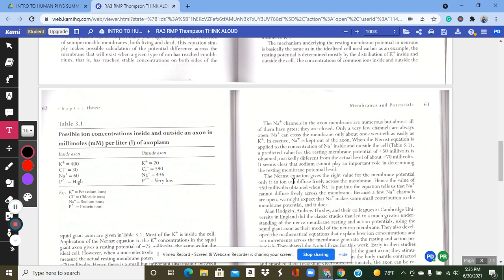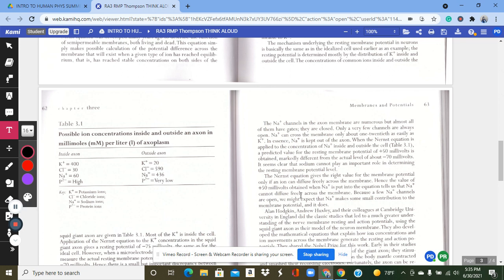Oh, I thought that was four. Never mind. That was positive 50 millivolts is obtained, markedly different from the actual level of about negative 70 millivolts. It seems clear that sodium cannot play an important role in determining the resting membrane potential.